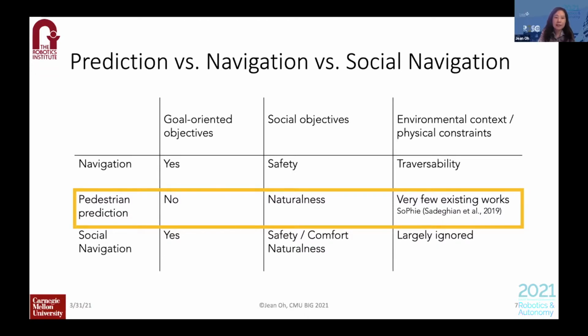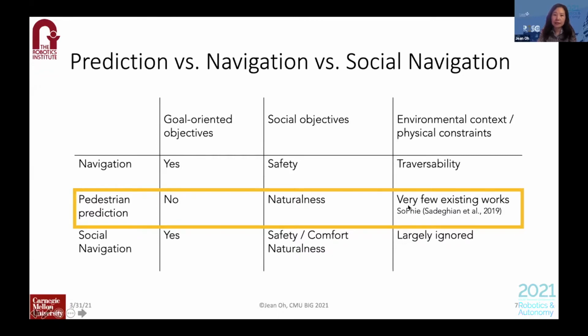This is not a navigation algorithm, so you'll notice that there is no notion of a goal, but if we watch crowd behavior, we can still predict where people are possibly going. The objective here is to predict the naturalness of how people move, and this is the focus of this research.